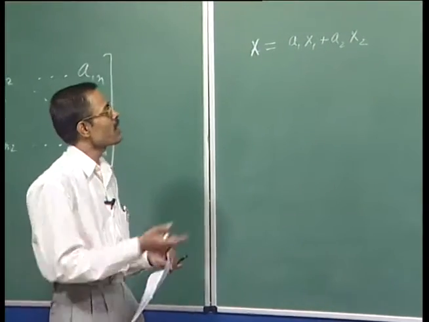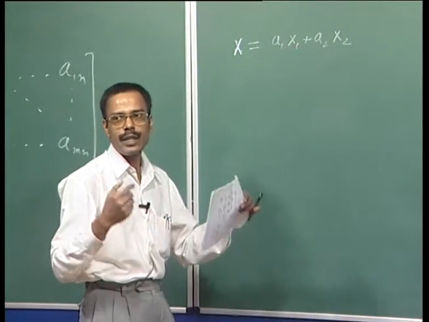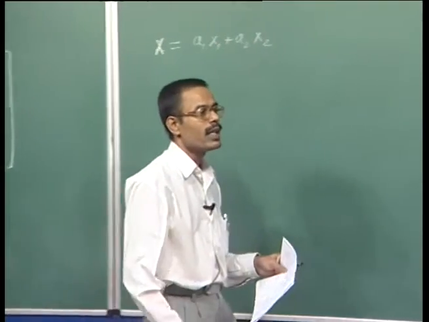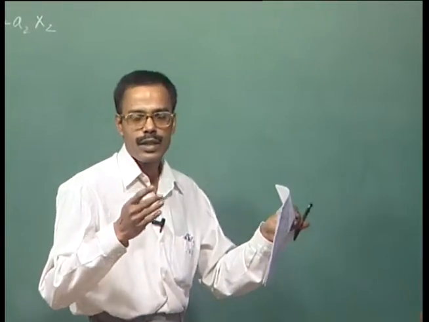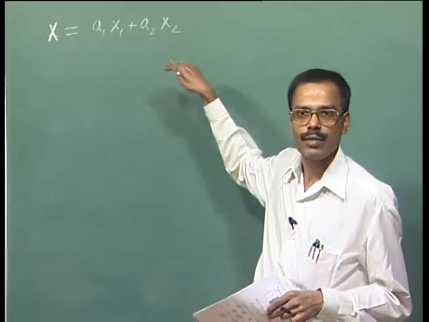In other words, we can say x1, x2 and x are linearly dependent together. So, these 3 then will form a linearly dependent set. So, there is a linear dependence among these vectors.